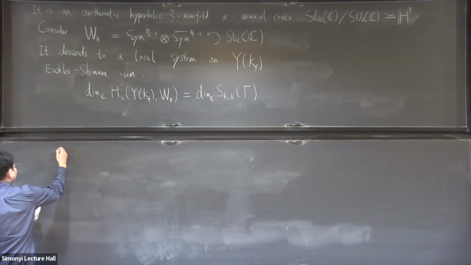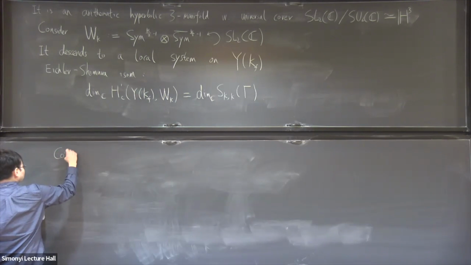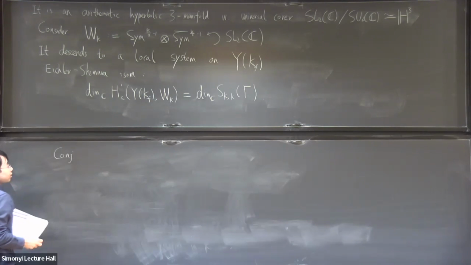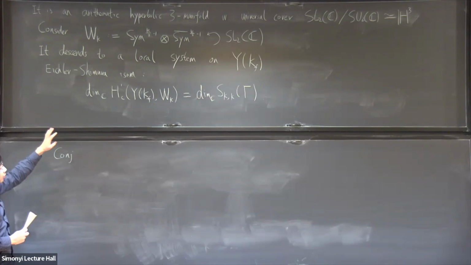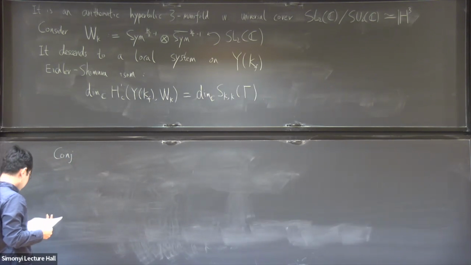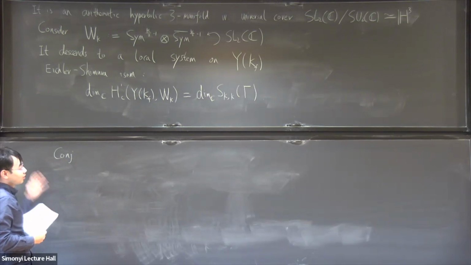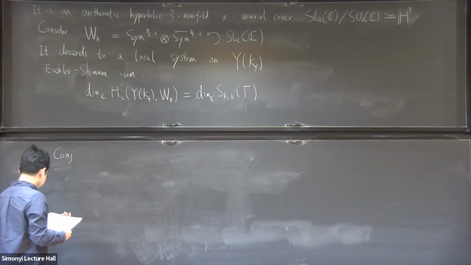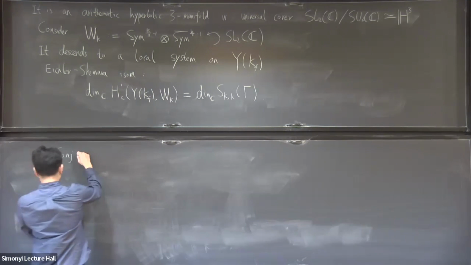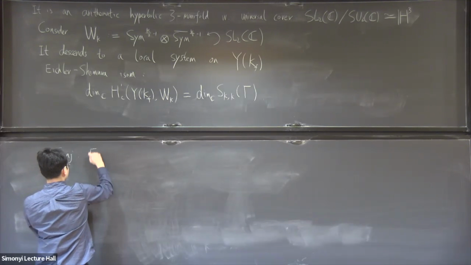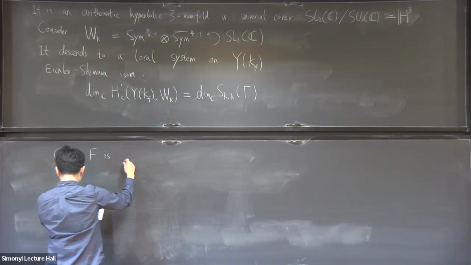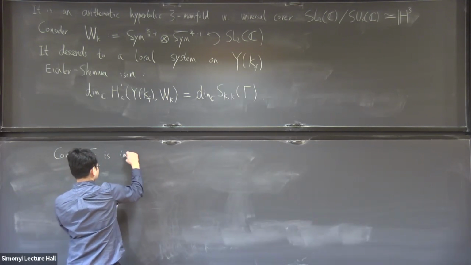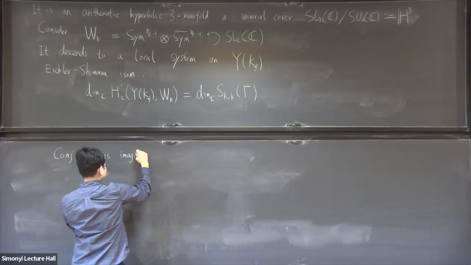So we have some conjecture for the asymptotic behavior of the space SKK. I've said that it grows. It doesn't grow quadratically. So I will assume for the rest of my talk, F is an imaginary quadratic field.